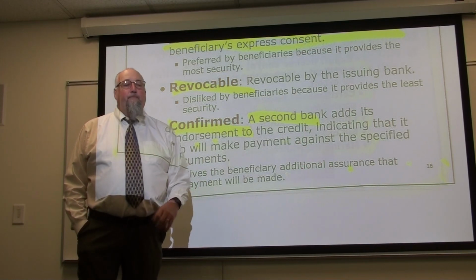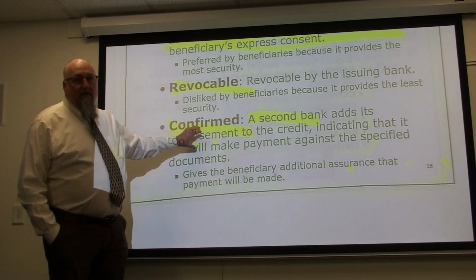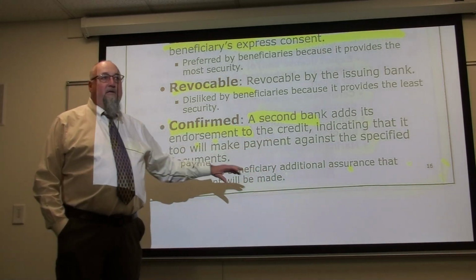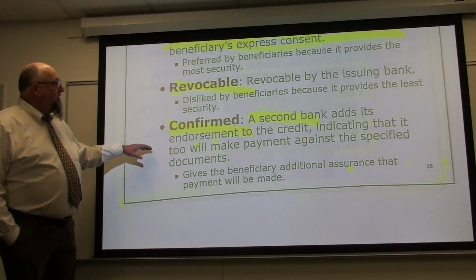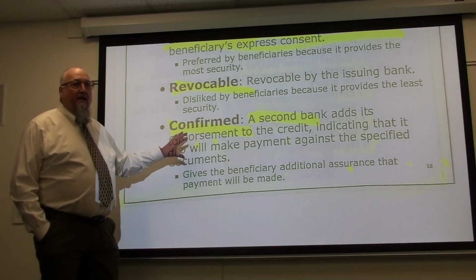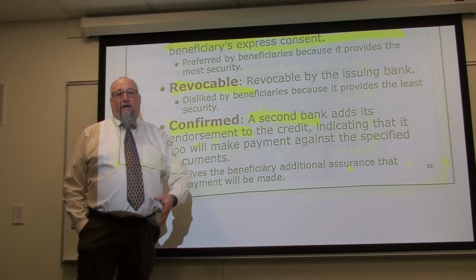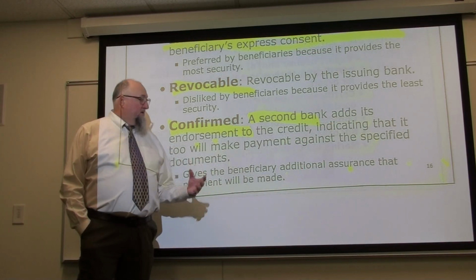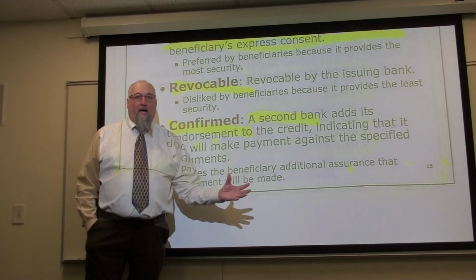And then we have a confirmed letter of credit, and this is again where a second bank adds their endorsement to the credit that they will also make payment. And again, from a seller standpoint, they like to have a confirmed irrevocable letter of credit because usually the confirming bank is the local bank for the seller's own bank.